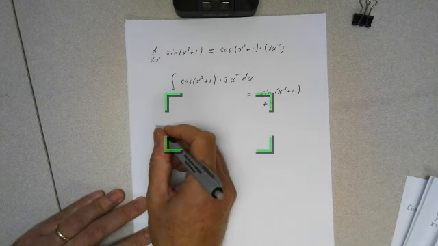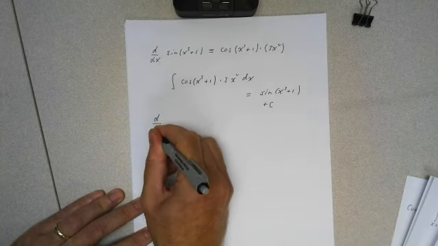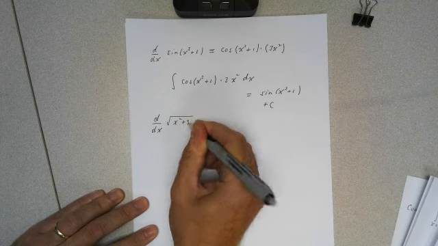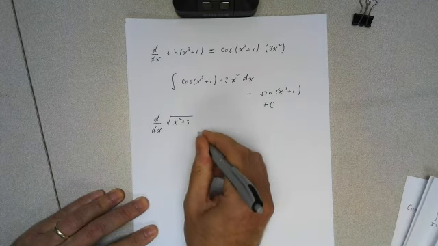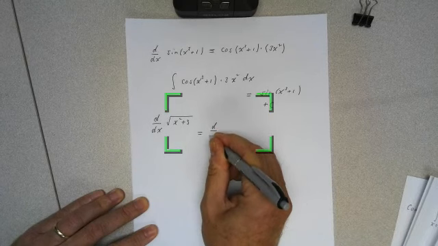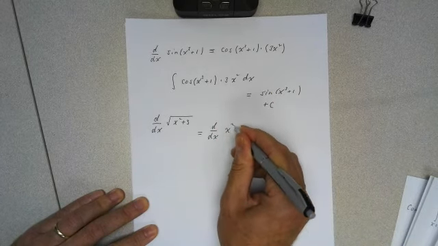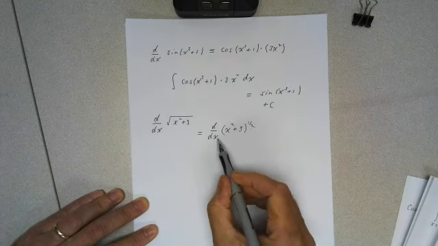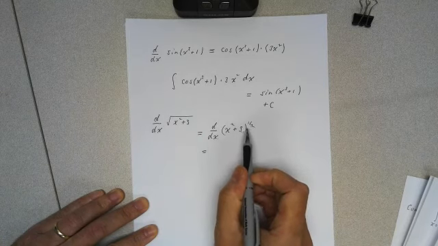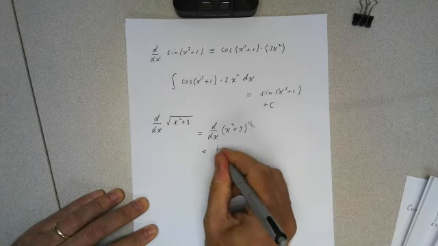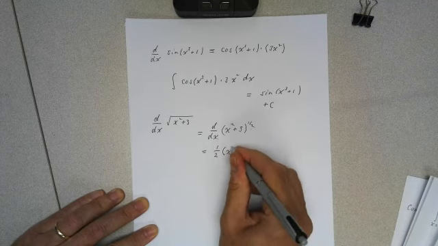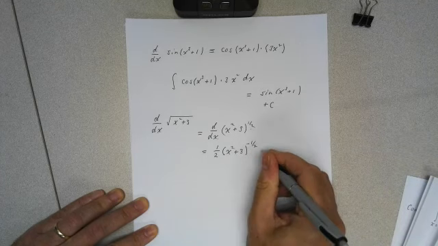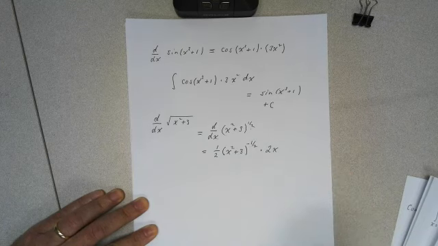Here's another example. Let's compute the derivative of the square root of x squared plus 3. Now this is a fractional exponent, so I could write this as the derivative with respect to x of x squared plus 3 to the 1/2, and using the power rule for derivatives, this would be the derivative of the square root function evaluated at the inside function, subtract 1 from our power, and then multiply by the derivative of the inside function, which is 2x.